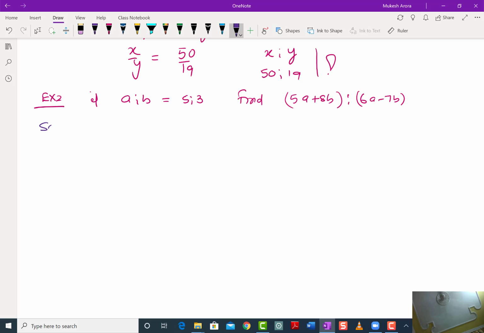So solving this question, given is a by b is equal to 5 by 3. We have to find 5a plus 8b upon 6a minus 7b.